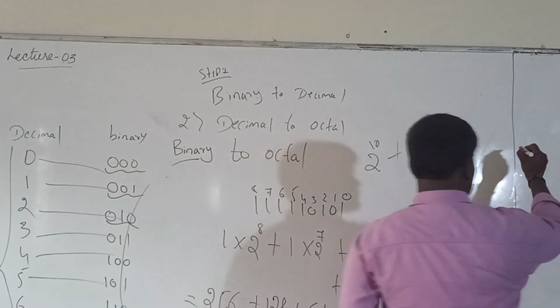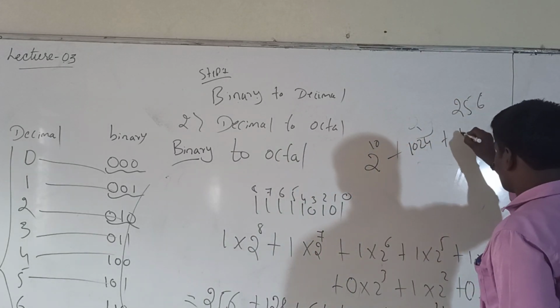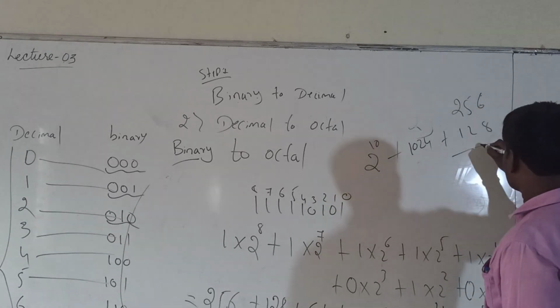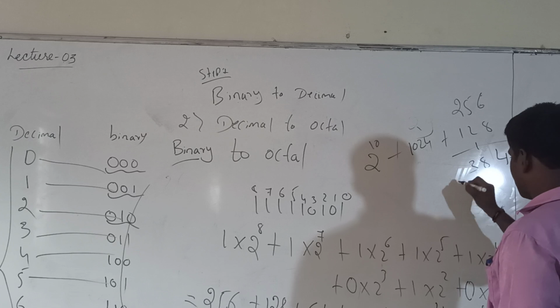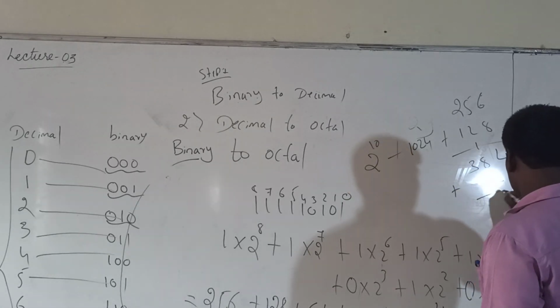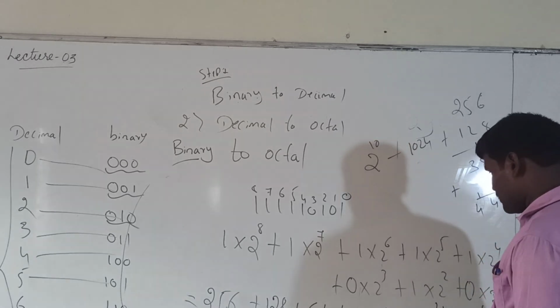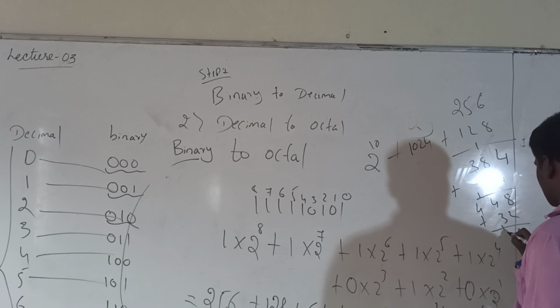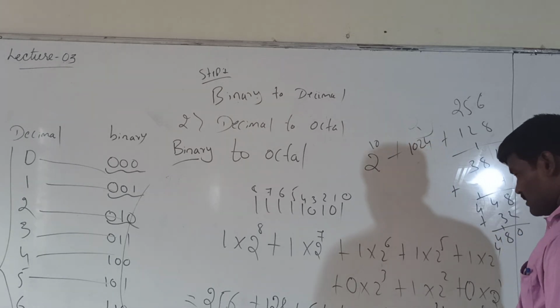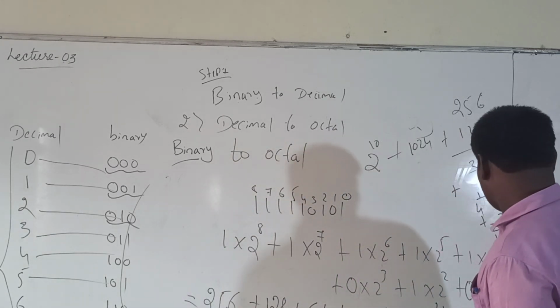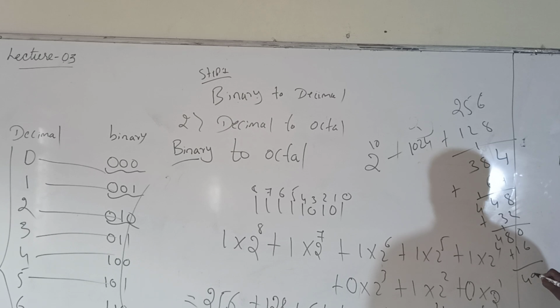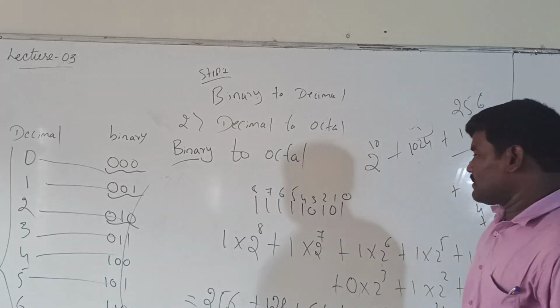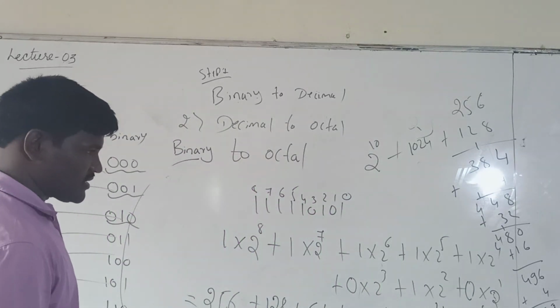Here 256 plus 128 is 384, plus 64 is 448, plus 32 is 480, plus 16 is 496, plus 4 is 501. 501 it is.